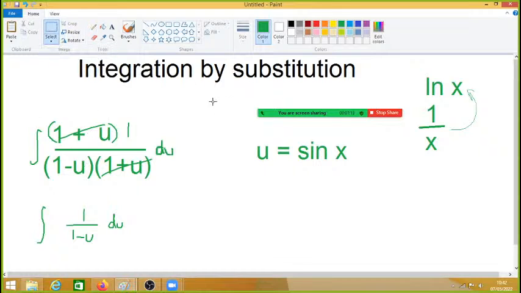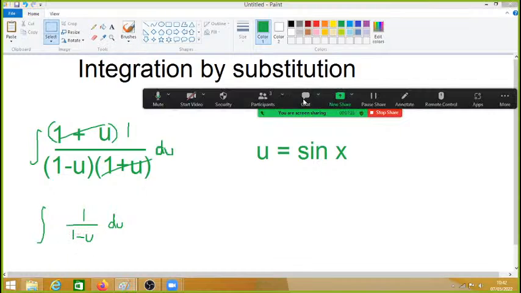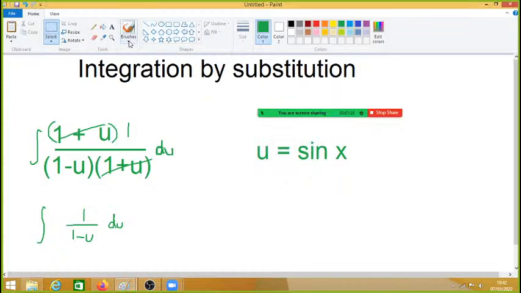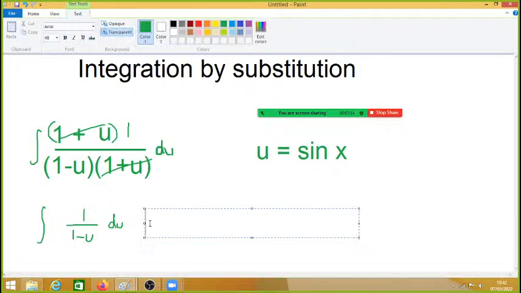And then similar things, 1 over anything would integrate to the natural log of that thing, as long as you divide by what it differentiates to. Okay, so this would just become the natural log of 1 minus u.